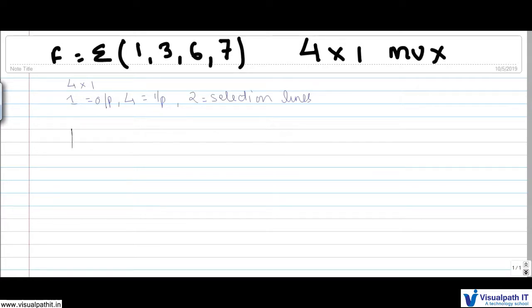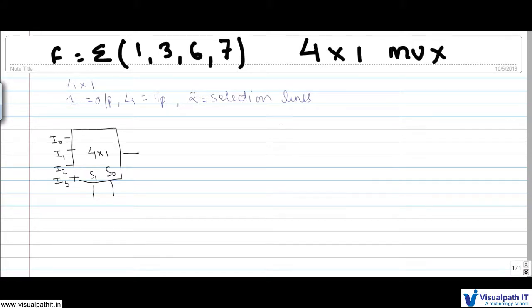So this will be our I0, I1, I2, I3, and 2 selection lines will be there, S0, S1 and 1 output. This is the 4 cross 1 mux.